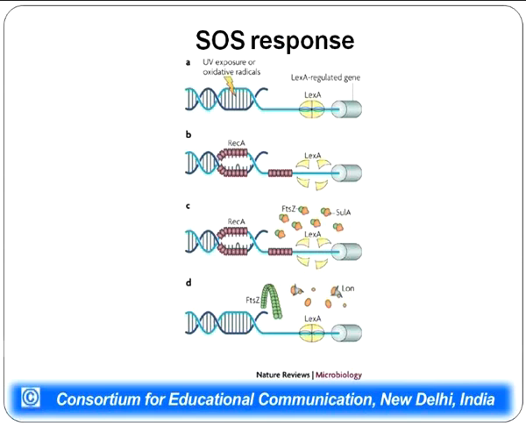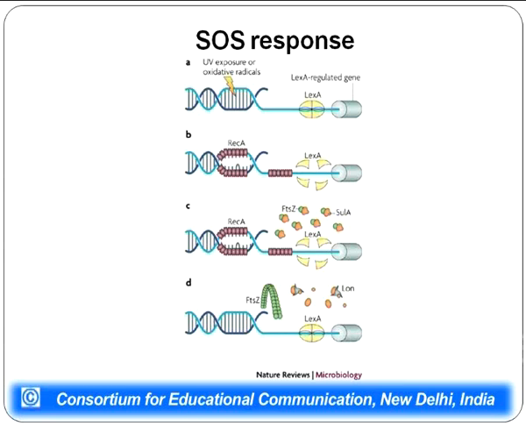This translesion mechanism comes into play during SOS response, that is when there is severe damage to the DNA. When there is SOS response, RecA protein gets activated. RecA protein gets activated whenever there is a single stranded DNA region in the organism. There is another protein known as LexA. LexA protein is bound to the regulatory regions of the genes which take part in SOS response.